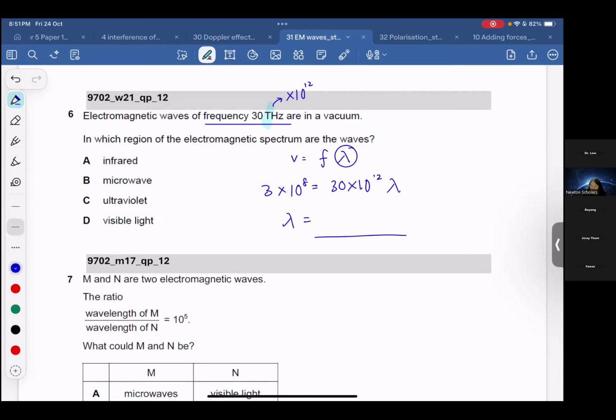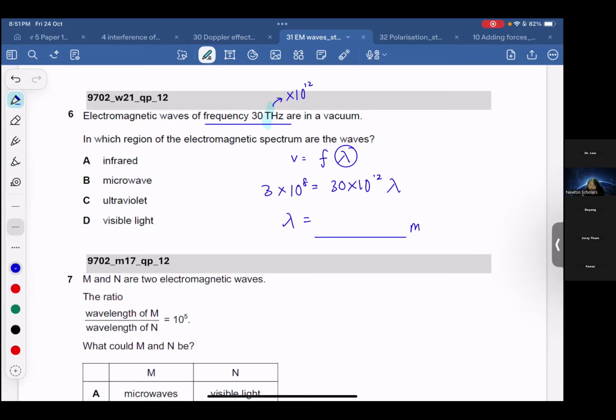From the wavelength here, find out what the range is. Wesley, no? Jorek, correct. Vashini, correct. Fawan, correct.